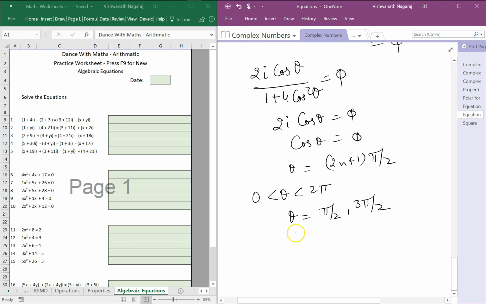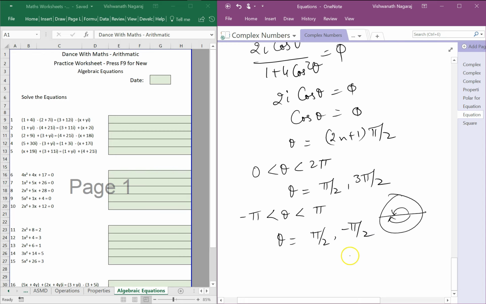If θ should be between π and minus π, what will happen? π is this side, minus π is this side. In that case, θ is equal to π by 2 and minus π by 2. So depending on the restrictions, you have to specify the answer.